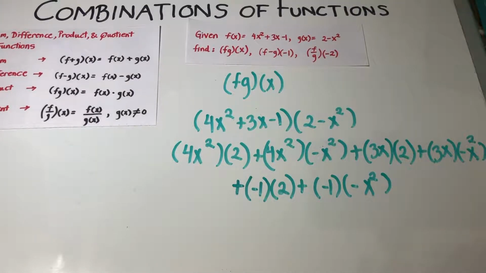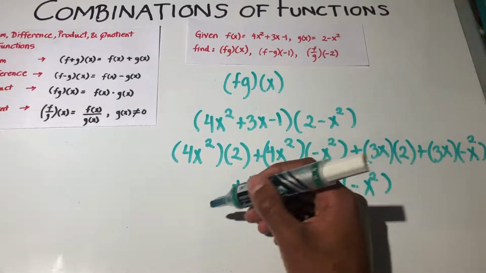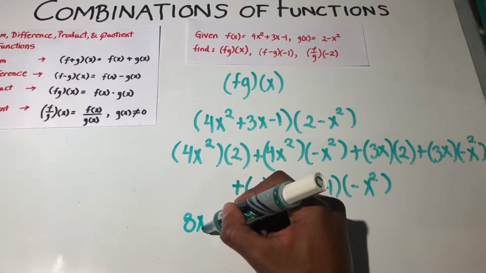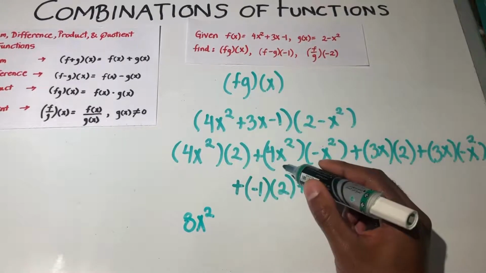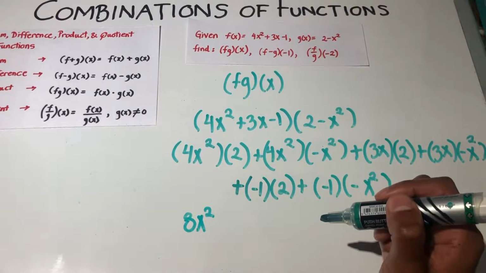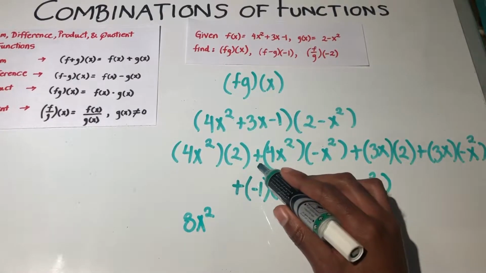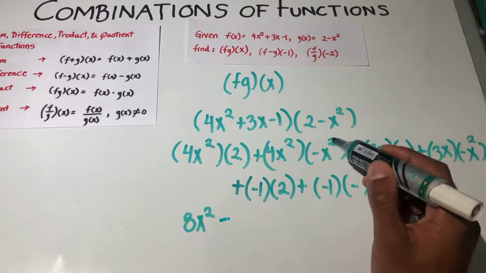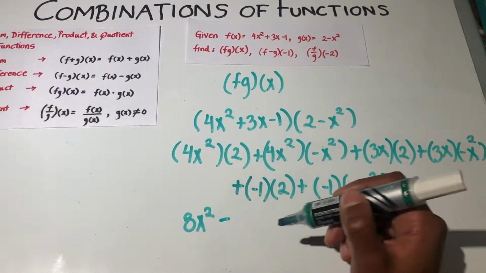So it seems like we did everything right. Let's go ahead and clean this up. We're going to get 8x squared, and we have 4x squared times negative x squared. Well, positive and negative is going to become negative, and we have 4x times x squared.